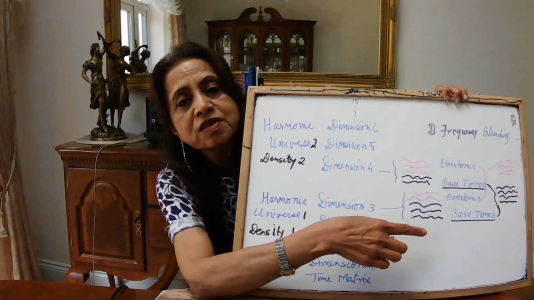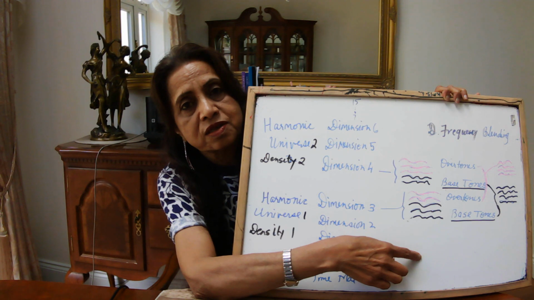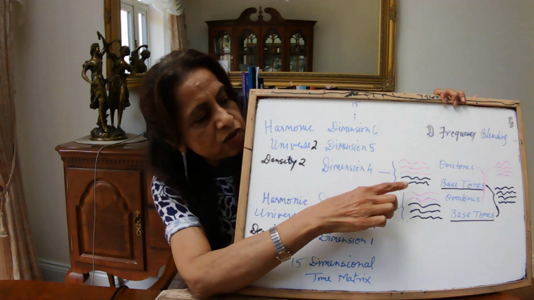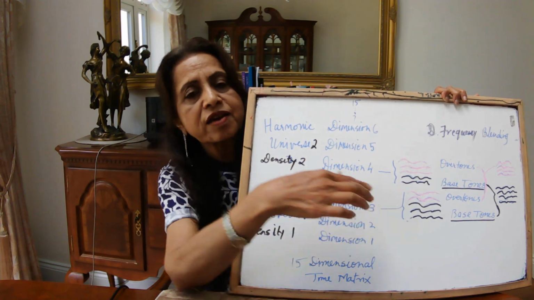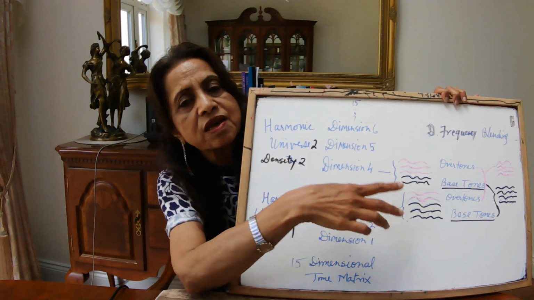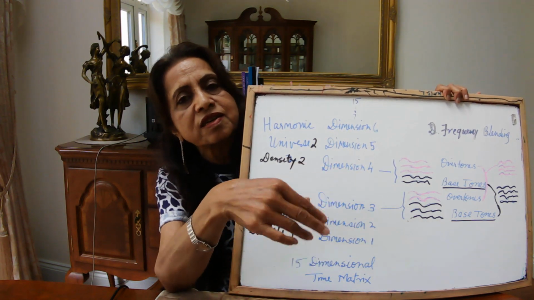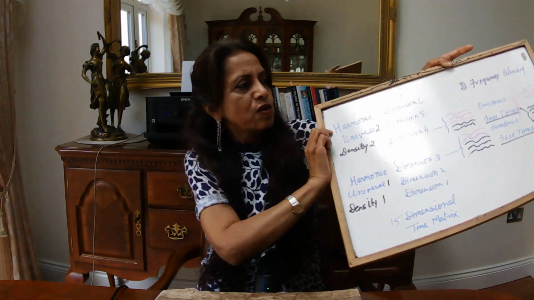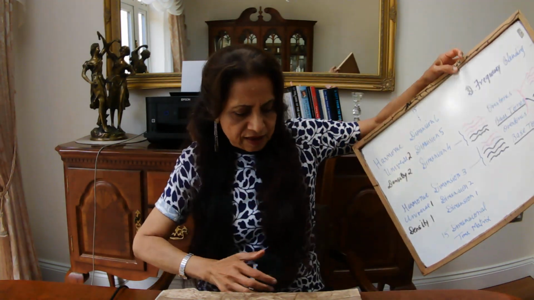This happens during distortions, and this happens when we are ascending higher. So both dimensions are not clear cut, but the frequencies are blending into each other from moment to moment. So I hope this diagram is clearer. So let's continue.